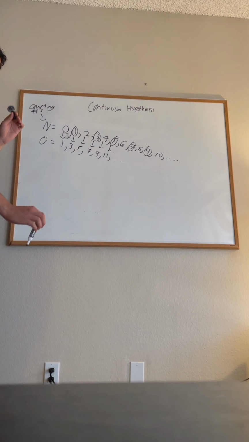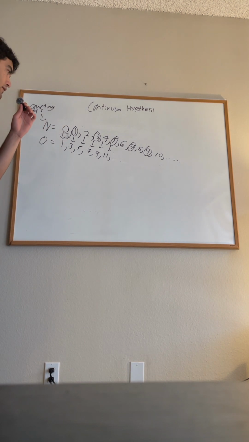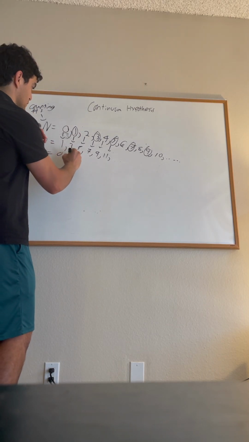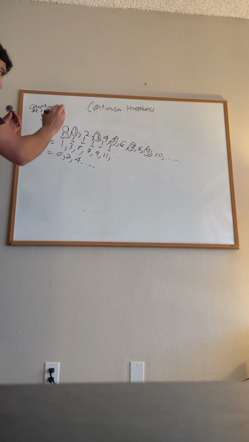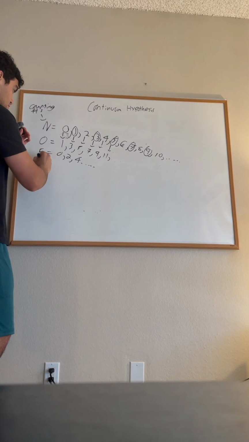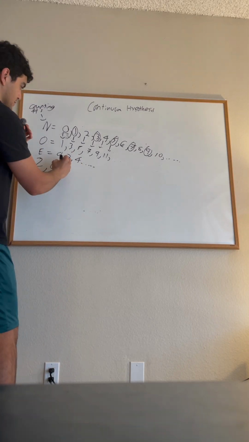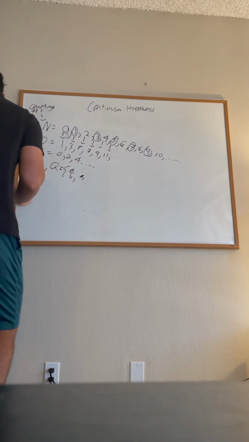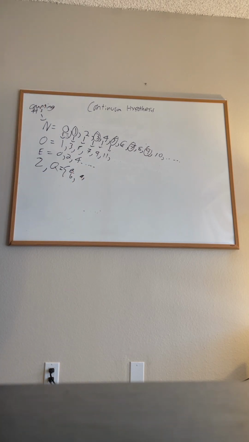Okay, so we see that the odd numbers and the natural numbers have the same cardinality. The same argument can be done with the even numbers, like 0, 2, 4, and so on. And we can also create a bijection with our integers and our rational numbers as well, where the rational numbers are just, actually I don't need to be super formal, the set of all ratios of our integers.